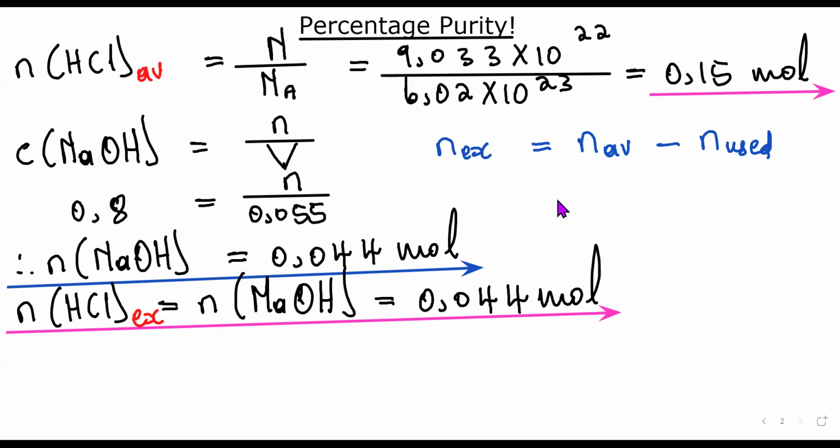Well, we are mathematicians here, and we know that if you want to make this the subject, you just take it to the left-hand side and you take those in excess to the right.